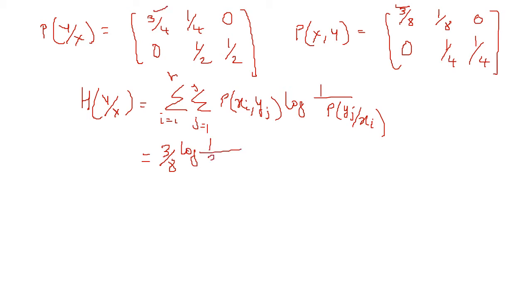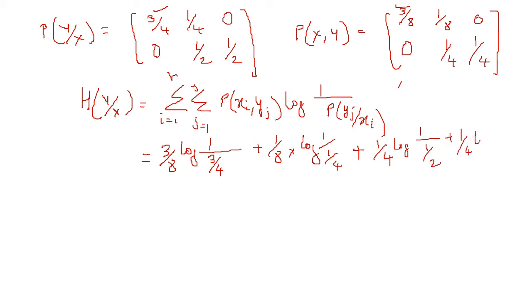So it is log of 3/4, plus 1/8 into log of 1 divided by 1/4, plus we have this scalar quantity 1/4. So 1/4 into log 1/2 plus 1/4 into log 1/2.